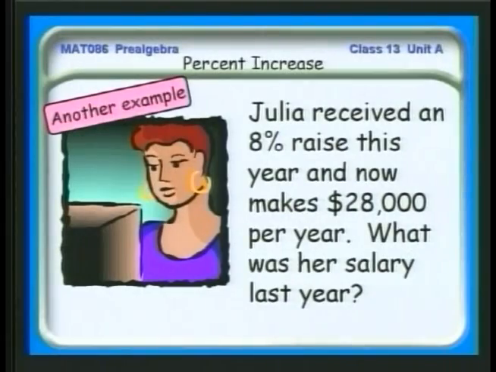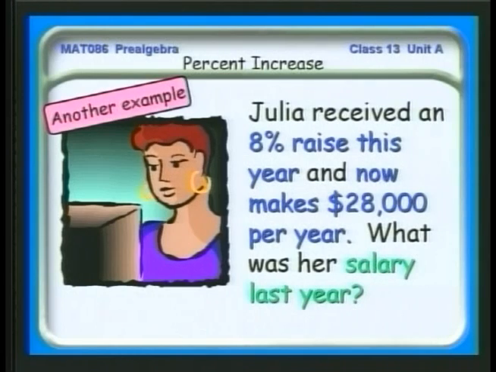Let's see what we're given here. We see that Julia received an 8% raise this year and now makes, in other words, the final salary is $28,000. What we want to do now is work back to the original salary for this percent of increase.